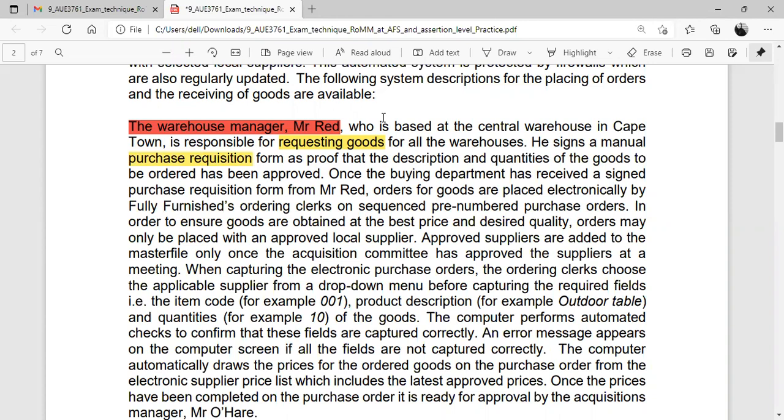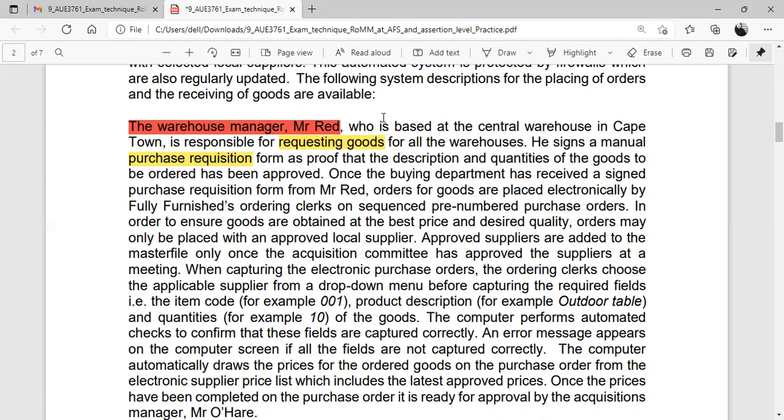It's the form that they use to request goods, or to create a purchase order on the system. Yeah, absolutely. This purchase requisition can come from any department. It can be from HR saying we need more computers, or from the warehouse saying we need something, or from any department.